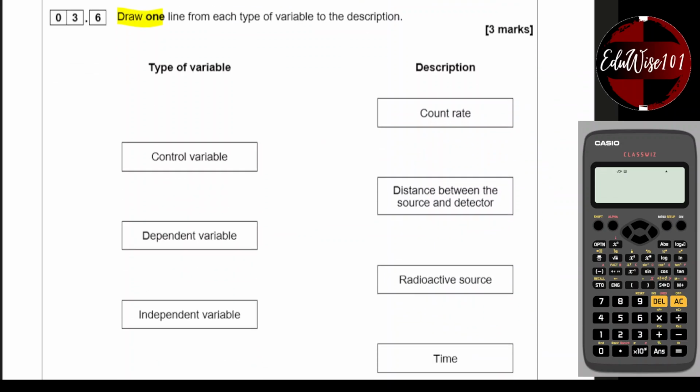So your control variable is the radioactive source. The dependent variable is the count rate. The independent variable is the distance between the source and the detector.